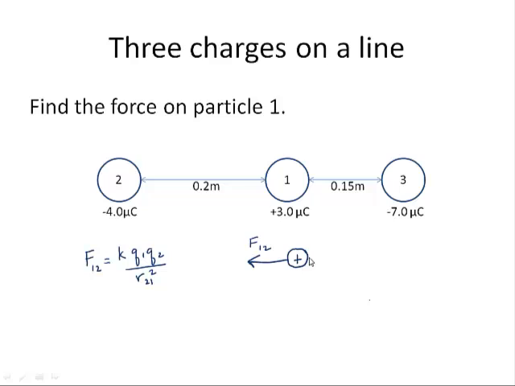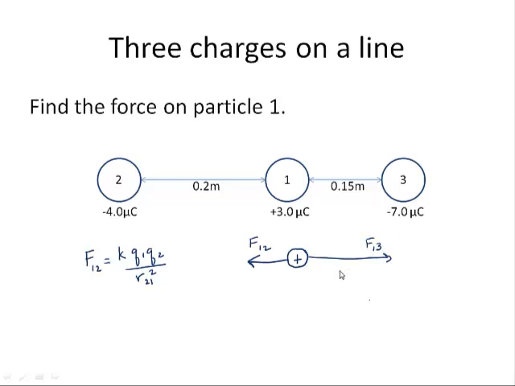I can tell right away here that the force F13 is actually going to be bigger in magnitude than F12 because charge 3 is bigger than charge 2, and it's also closer to charge 1 than charge 2 is. So I'm going to draw this vector bigger, and this is going to be F13.